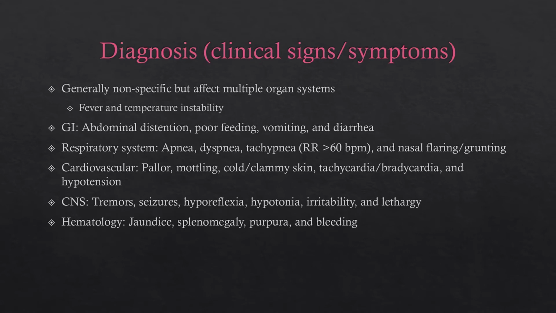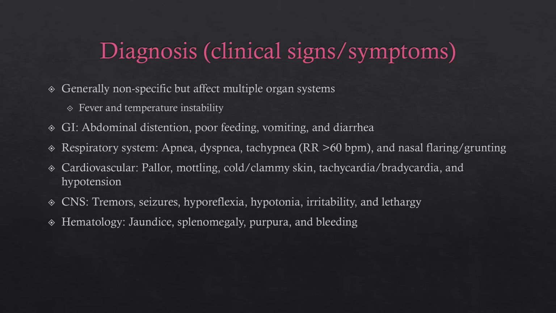As far as diagnosis goes, these are a bunch of symptoms we see with these children. This is not an all-encompassing list, but the main thing I want to show with this slide is that if we're seeing multiple symptoms within a child, we should not think of them as unrelated, because they possibly could be related, and it could be sepsis, in which case we need to start antibiotics as soon as possible.